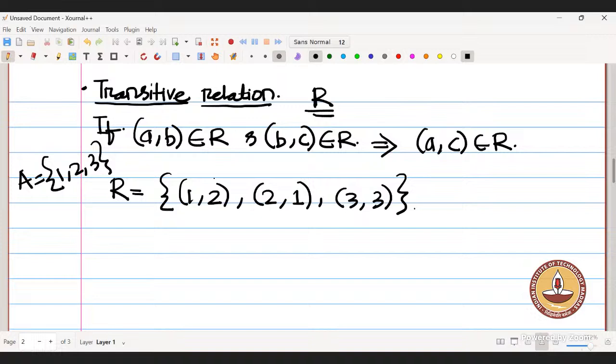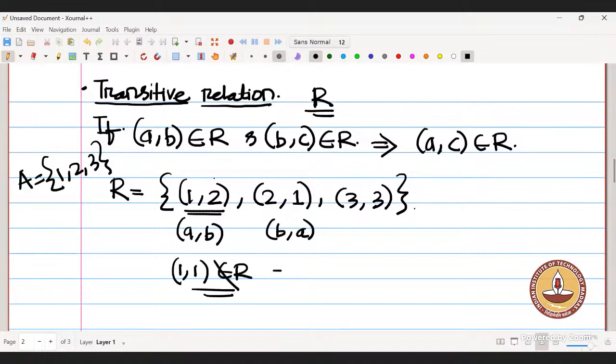No, right? Because as you can see, if you think of this as (A,B), and this as (B,A), then by the definition of transitivity, (A,A) should be inside R. That means (1,1) should be inside R, but (1,1) is not inside R, right? That means R is not transitive.